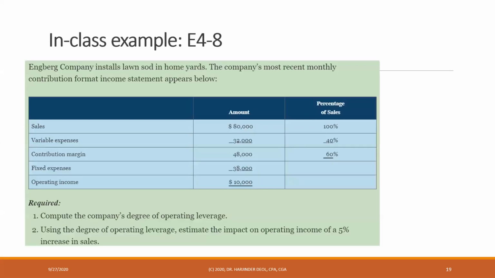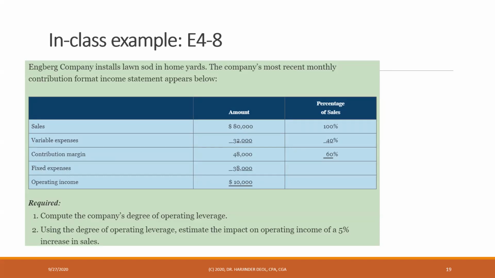Looking at E4-8, Enberg Company installs lawn sod in home yards. The company's most recent monthly contribution format income statement appears below. We have sales, variable expenses, contribution margin, fixed expenses, and operating income stated.